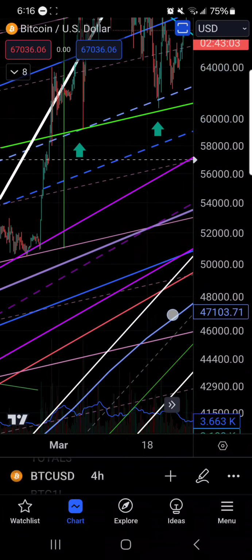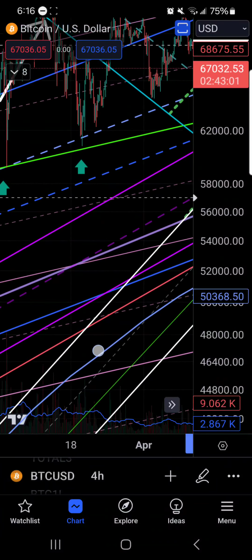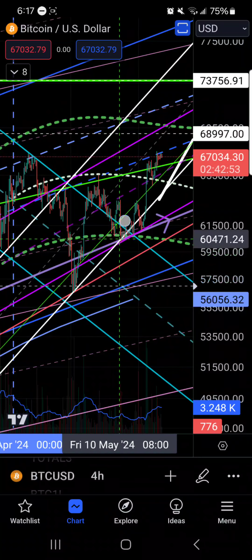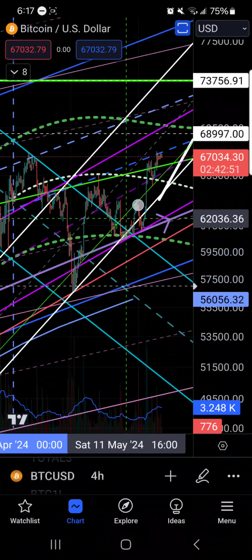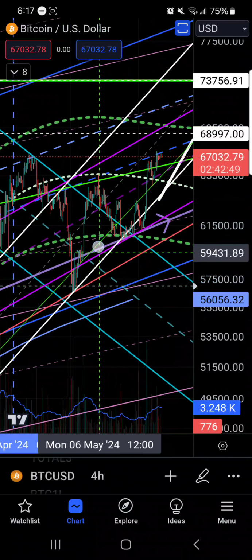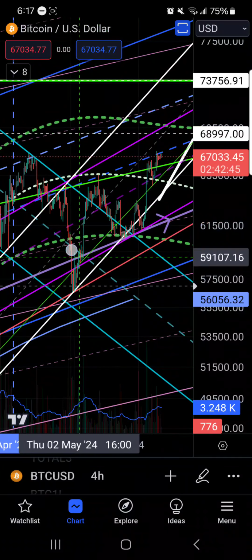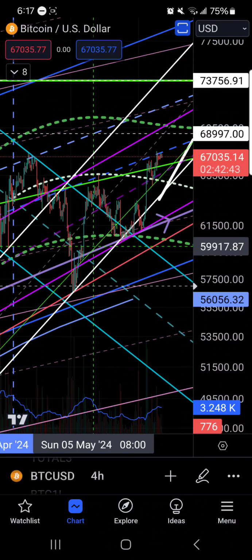I'll just leave it there, and I'll leave those little green arrows there. Now what we're going to do is our new bull rally channel that we're traveling upwards in here, off of our consolidation channel, we are going to fix that and split it in half.